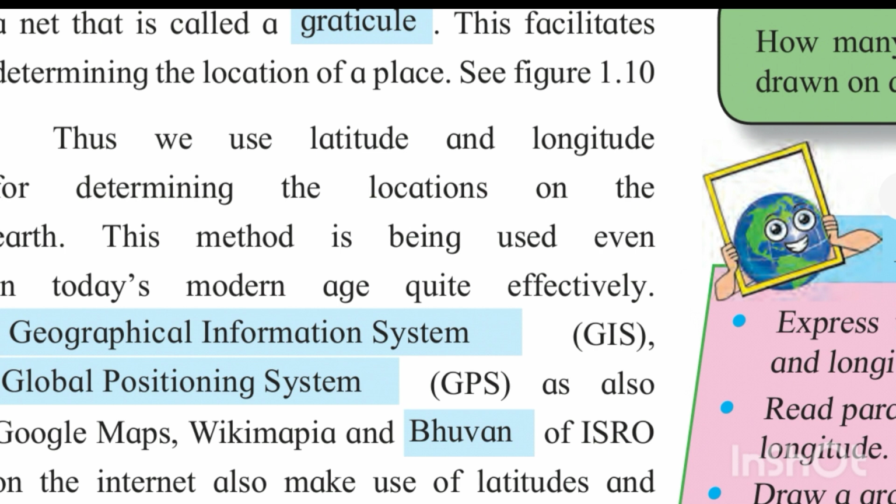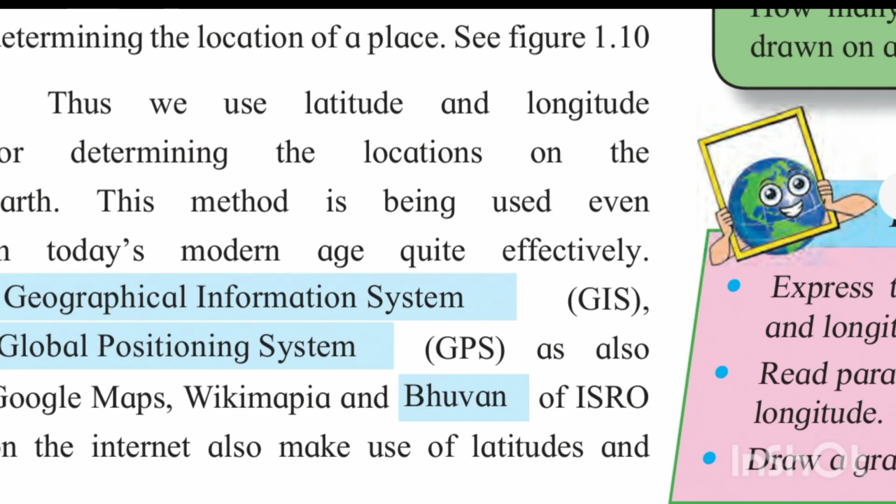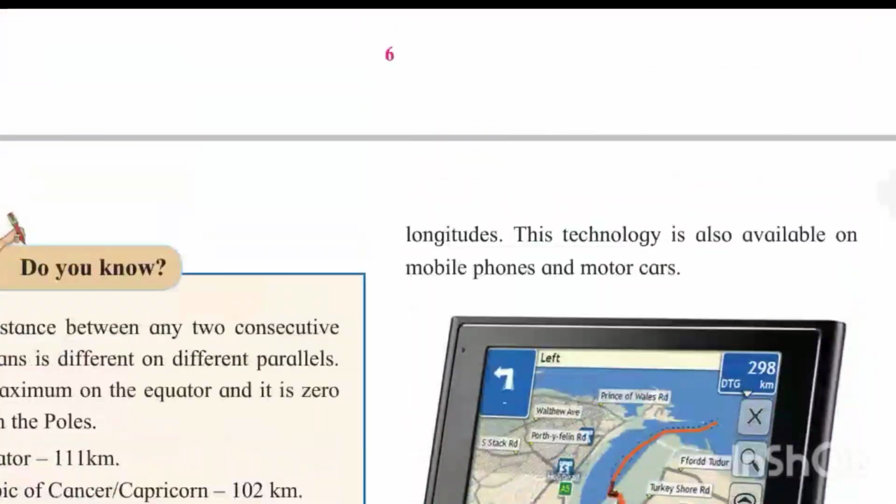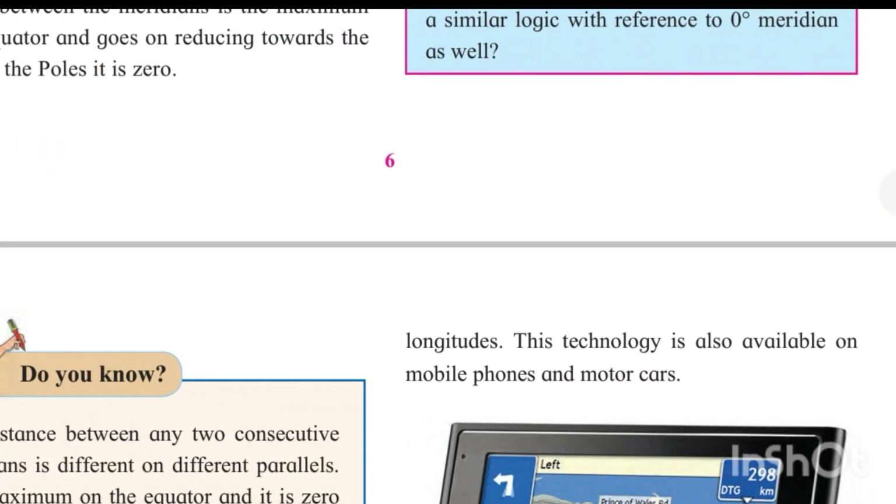The Geographical Information System, also called GIS, the Global Positioning System, GPS, and also Google Maps, Wikimapia and Bhuvan of ISRO on the internet make use of latitude and longitude. This technology is also available on mobile phones and motor cars.